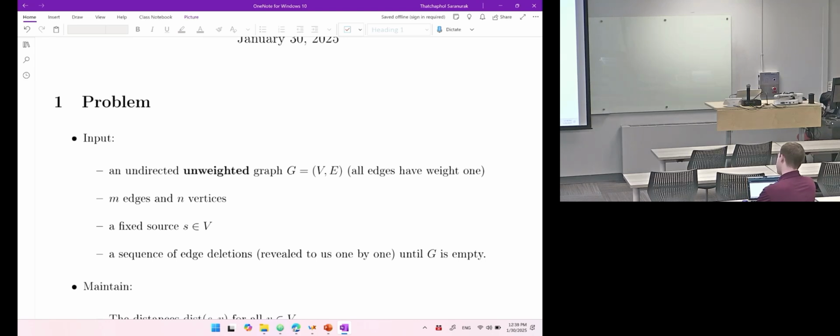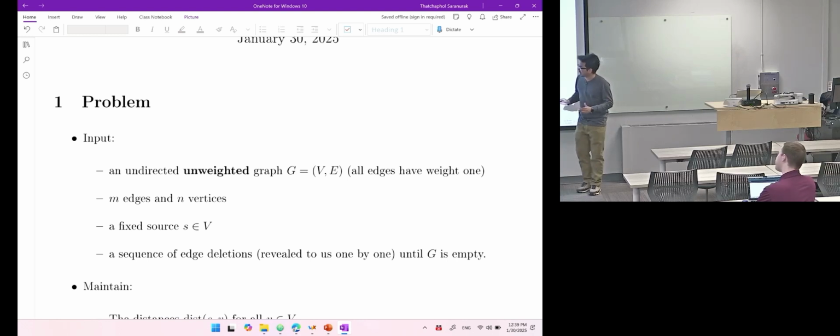We have a fixed source, but now, instead of a fixed graph, we have a sequence of edge deletions given to you. You start with the whole graph, and edges keep disappearing one at a time. You don't know the whole sequence; each deletion is given to you one by one, online, until the graph is empty.